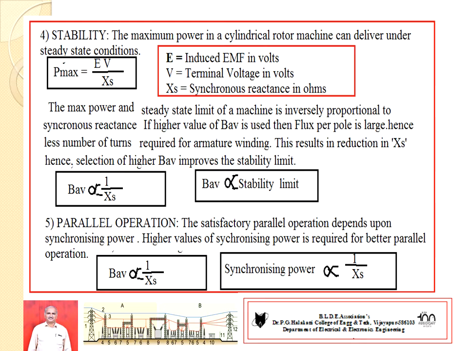B average is directly proportional to the stability limit. So good stability, or a higher stability limit, is directly proportional to B average. Remember these two points: higher B average, lower Xs; higher B average, good stability limit.